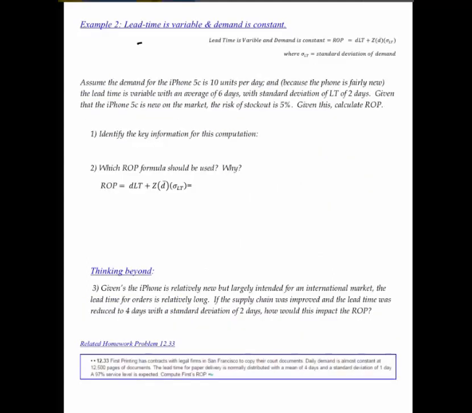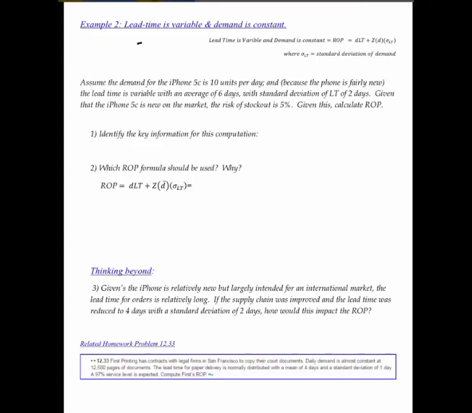Now in this problem, example 2, the lead time is variable and the demand is constant. So for this problem, the formula changes slightly, but it's the same exact idea. Assume that the demand for the iPhone is 10 units per day, and the lead time is variable with an average of 6 days.